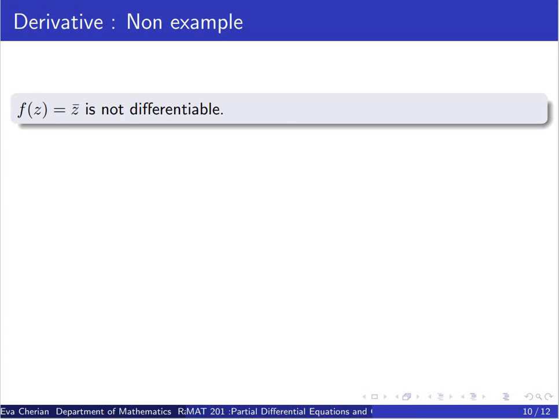Now let's look at a non-example. f of z equal to z conjugate is not differentiable. Again, let's write down the expression for the derivative. (f of z plus delta z minus f of z) divided by delta z. Our function f of z is z conjugate.